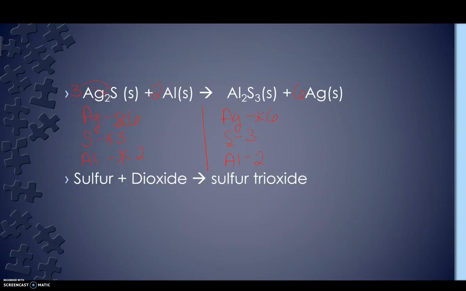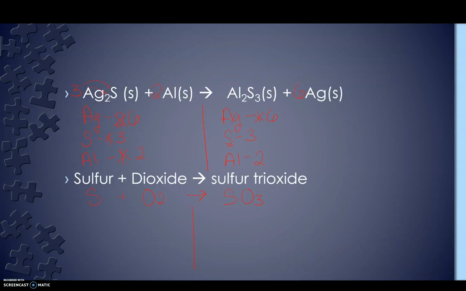For this next one, we're taking a word problem and turning it into an actual equation. We have sulfur plus oxygen gas yields sulfur trioxide.